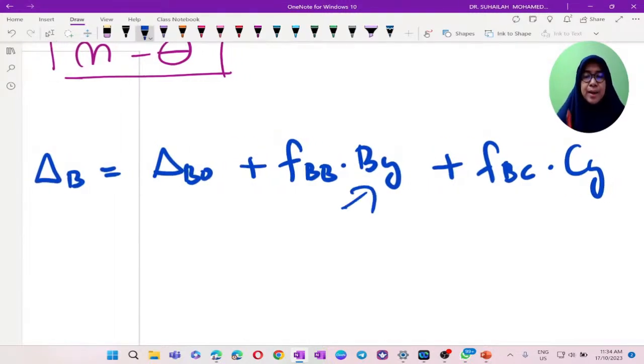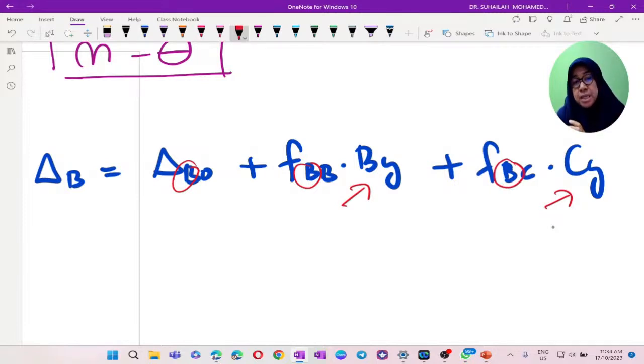Redundant BY applied, redundant CY applied. This is position B. Delta B naught means deflection at position B for the primary beam.